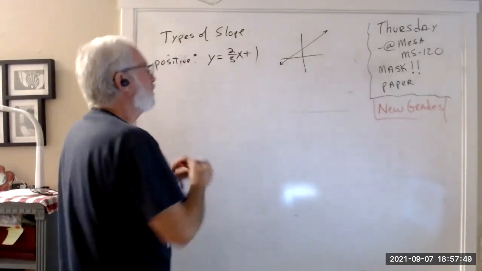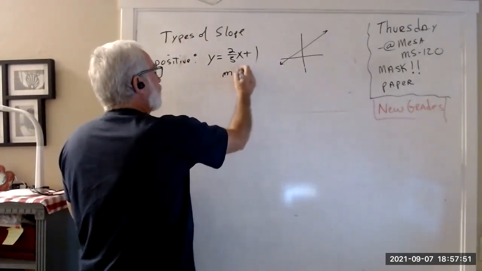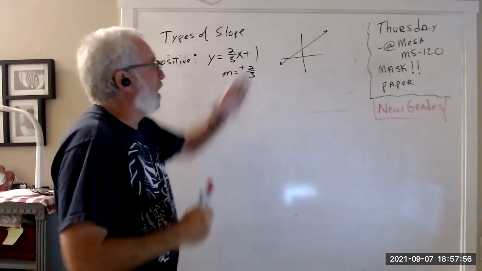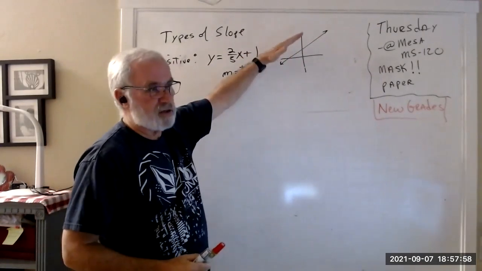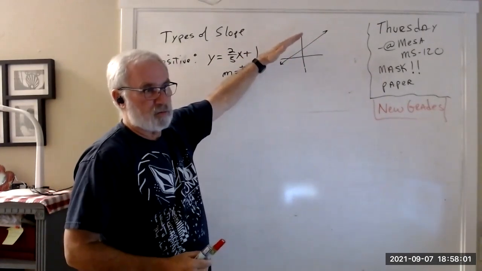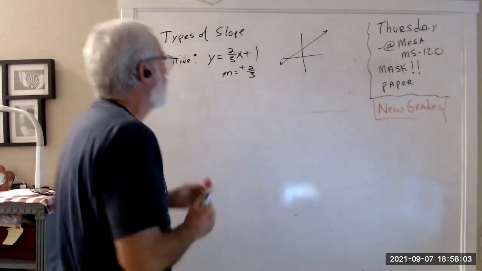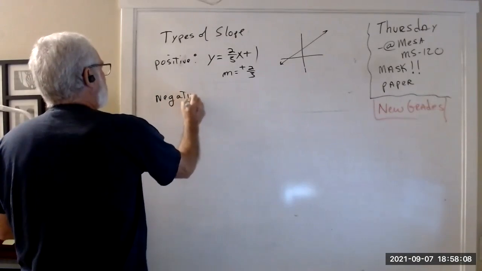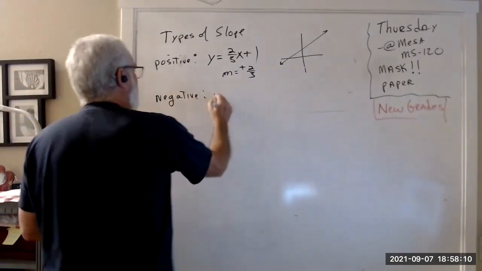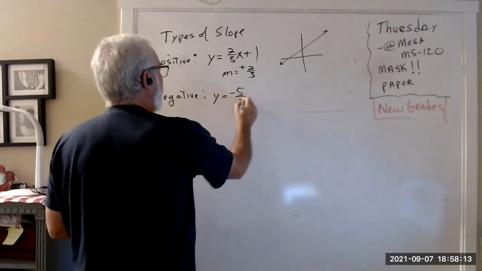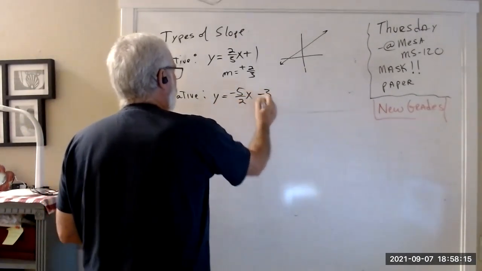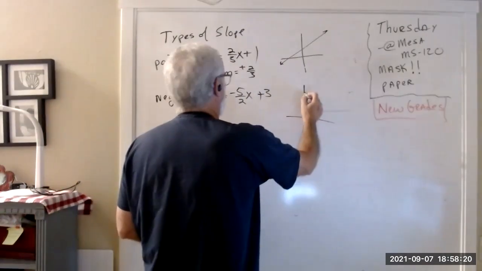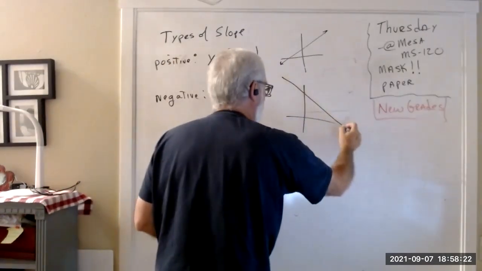All positive slopes, the m is positive 2/3, are slanted in this direction, always. Well, you could have negative slopes. That would be something like y equals -5/2 x plus 3, just to be weird. It'll look something like this.